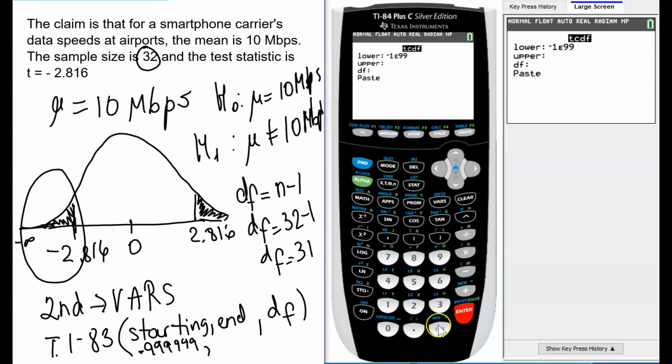When you enter negative 99999, make sure to use the negative button, and not the minus sign. Otherwise, it will show an error on the calculator. We start with negative infinity, or negative 99999.